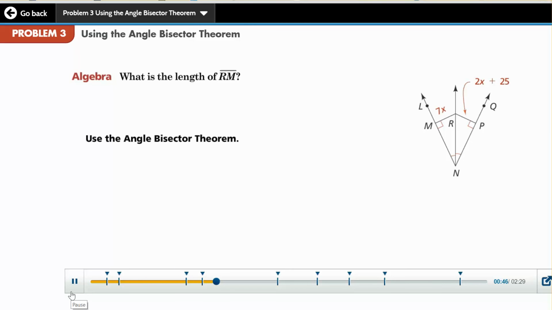Use the angle bisector theorem. Substitute 7 times x for the length of segment RM and 2 times x plus 25 for the length of segment RP.